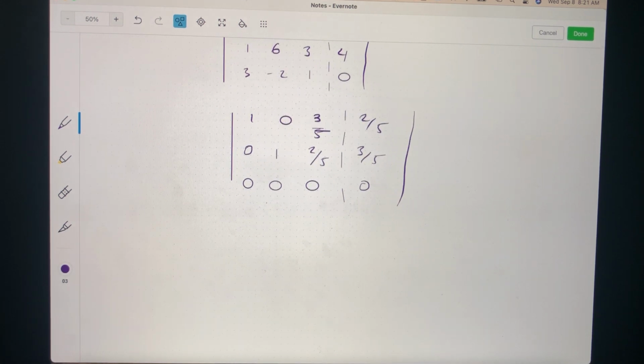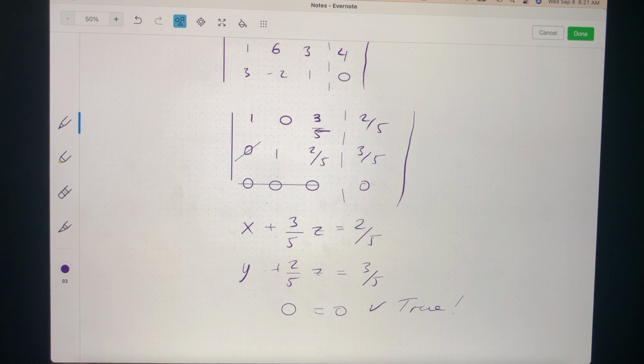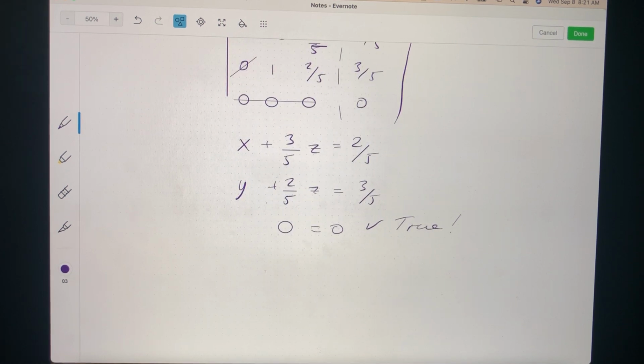It means 1x, no y, 3/5 z is 2/5. No x, 1y, plus 2/5 z is 3/5. Last line says, no x, no y, no z, that's 0, equal 0. That is always true. And since it's always true, we know that we have infinitely many solutions.